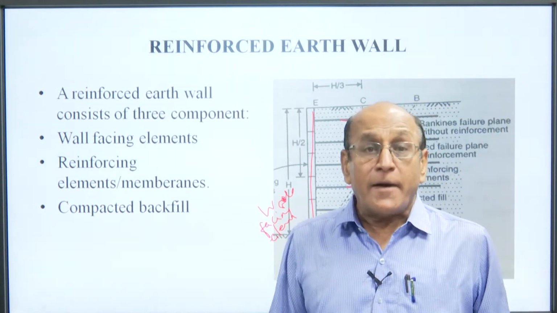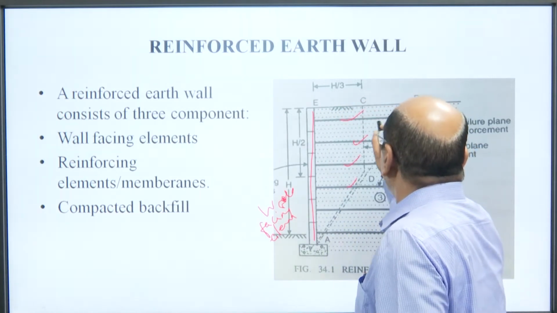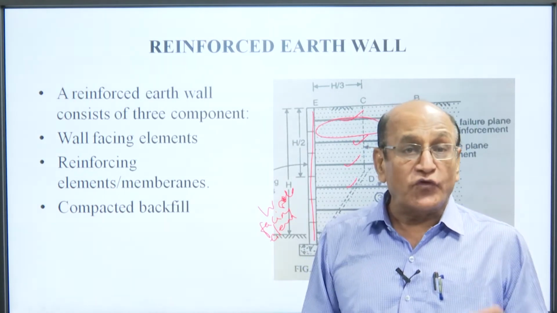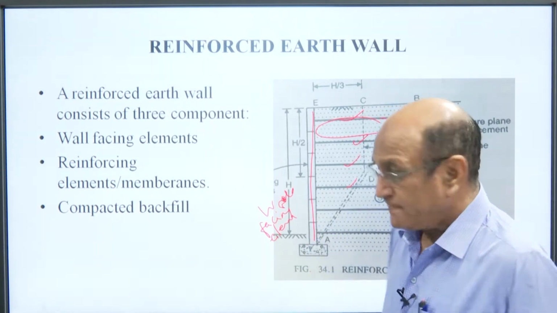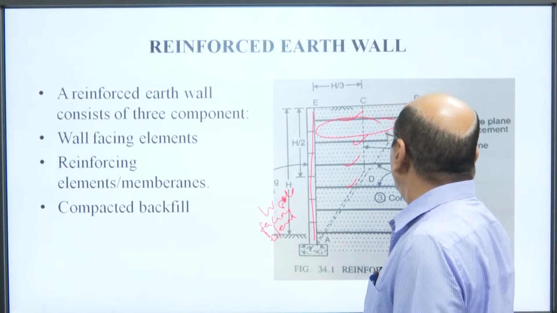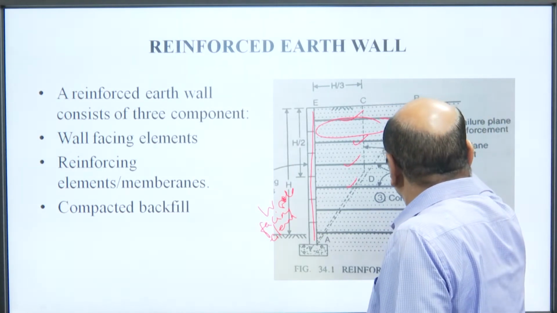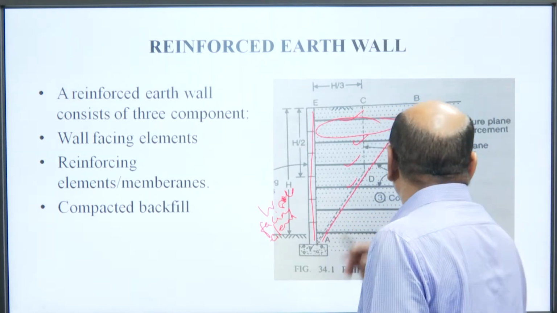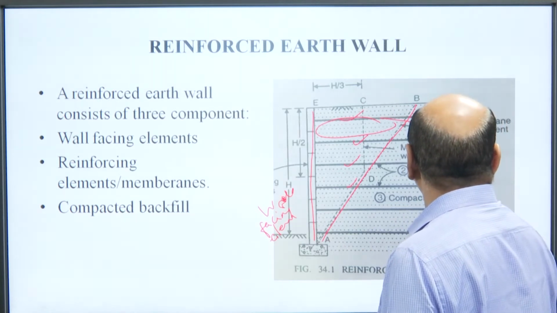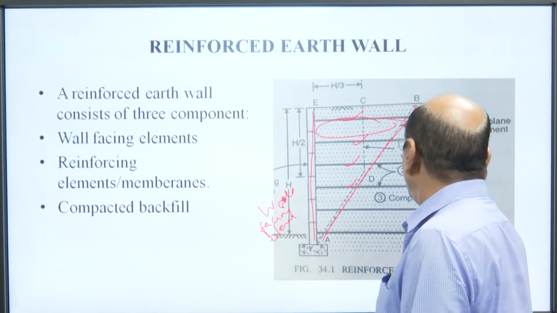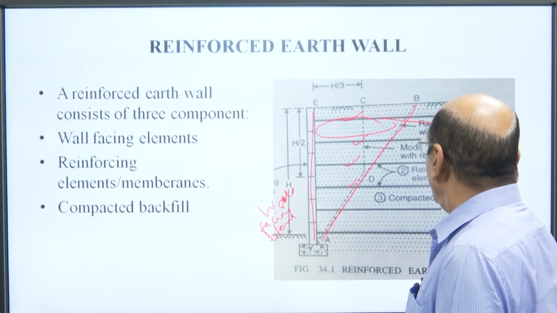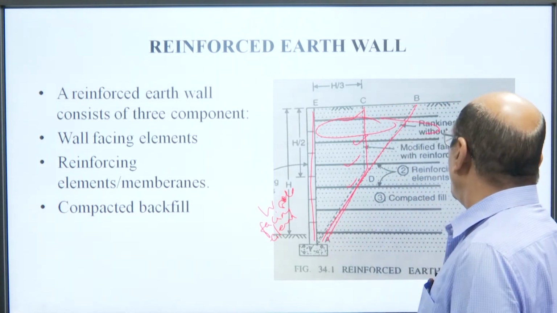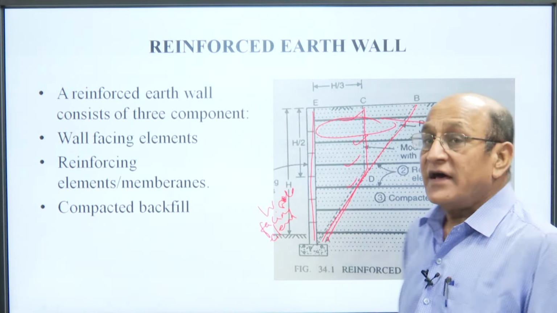The third is compacted earth fill. This is the compacted earth fill above or below the reinforcing elements. We can see here by Rankine's theory, this is the Rankine's failure plane without reinforcement, and this is the modified failure plane with reinforcement.